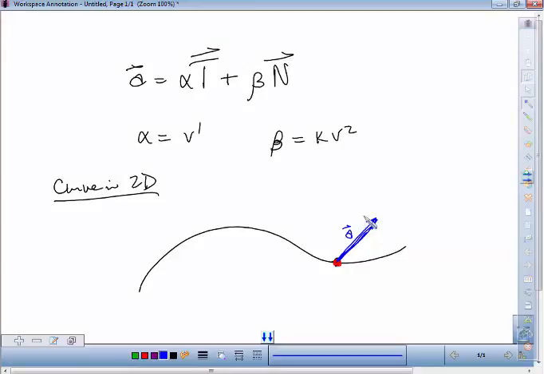Okay? So what you have is, along your curve, you have a unit tangent vector. And then we know that the normal vector is going to be perpendicular to that.